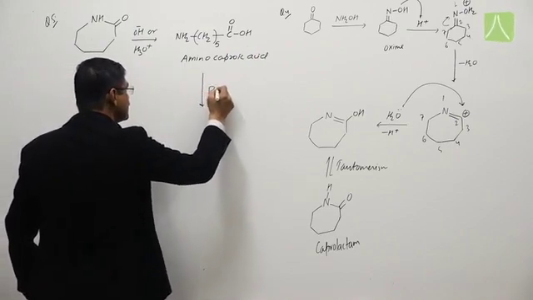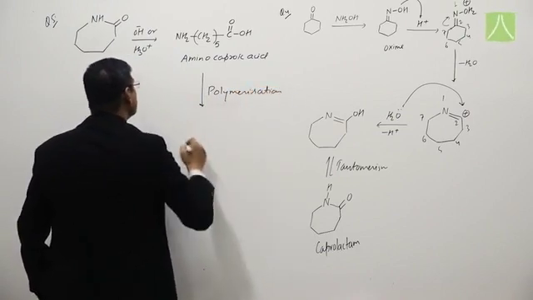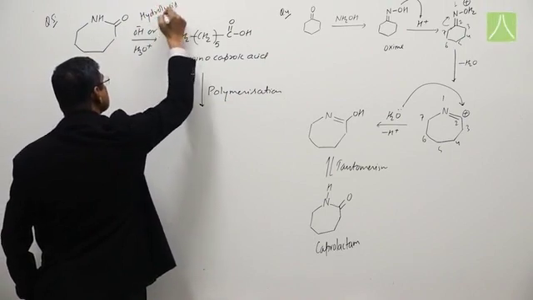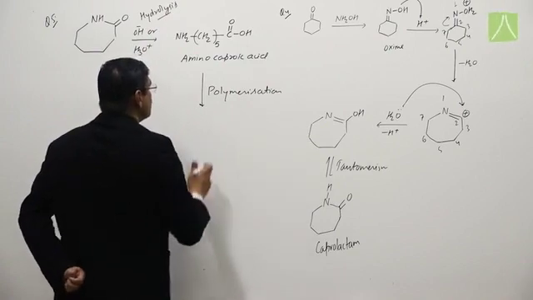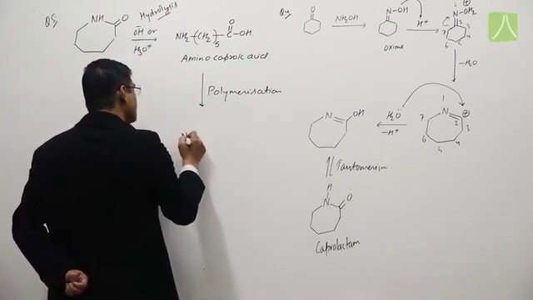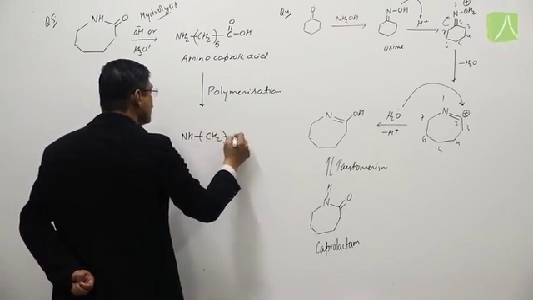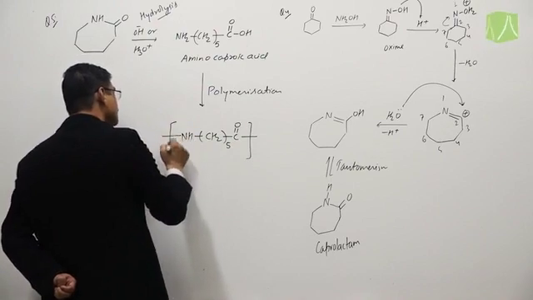After the first hydrolysis step is done, then polymerization, we get the polymer NH(CH2)5CO. So OH is removed from the acid and hydrogen is removed from the amine.